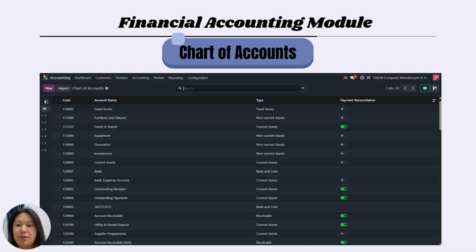For example, we have accounts for furniture and fixtures, equipment, and the account receivable, which are critical for tracking what the company owns and what is owed to it. This configuration ensures that every subsequent transaction, from a sale to an expense, is automatically posted to the correct ledger, providing a solid and reliable foundation for all our financial reporting.